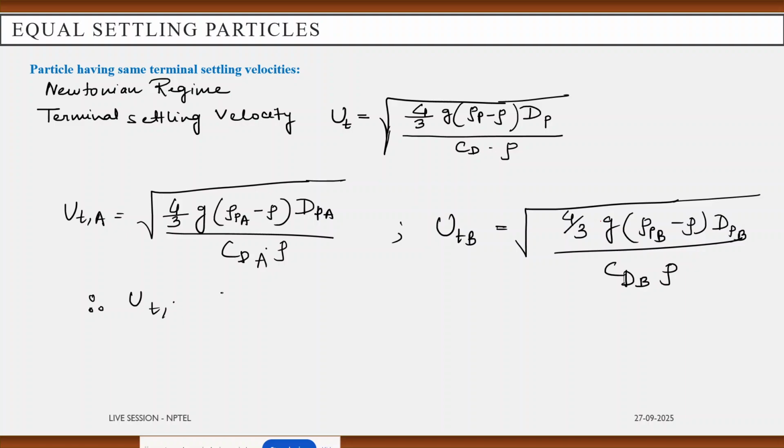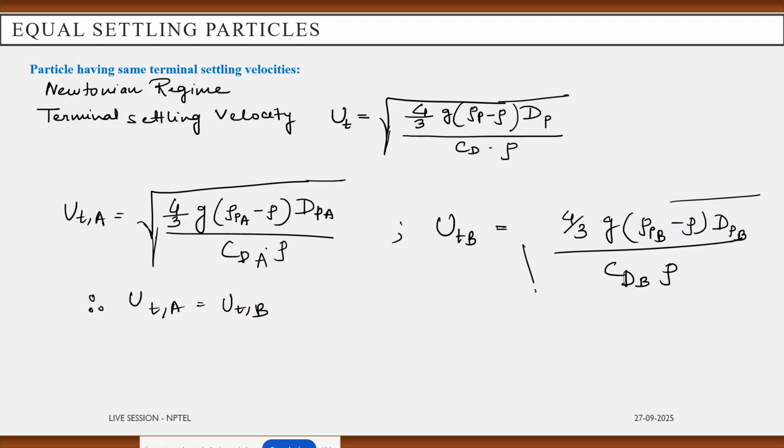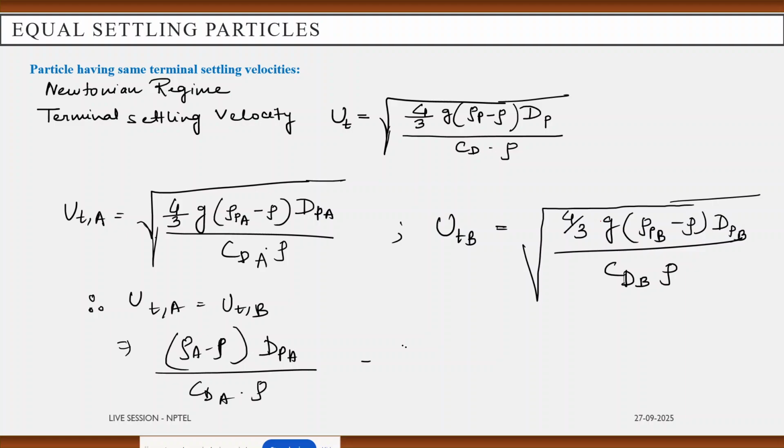You will have (rho pA minus rho) dpA divided by CDA into rho equal to (rho pB minus rho) dpB divided by CDB into rho.